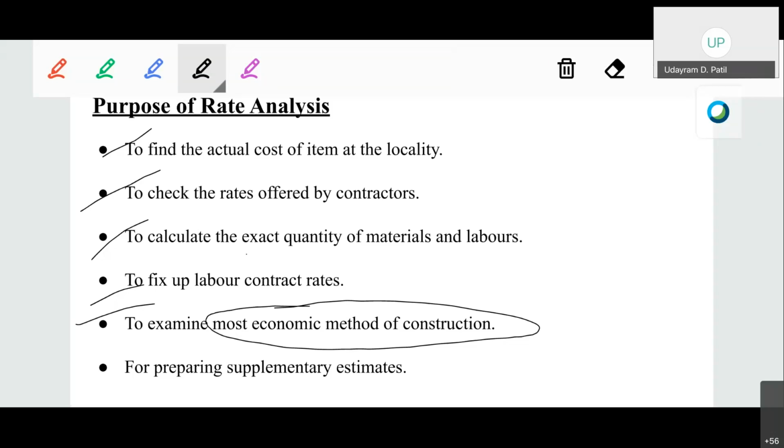Okay, so that is another purpose of performing the rate analysis.